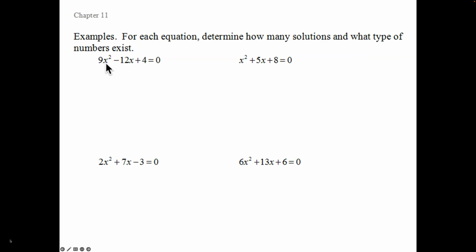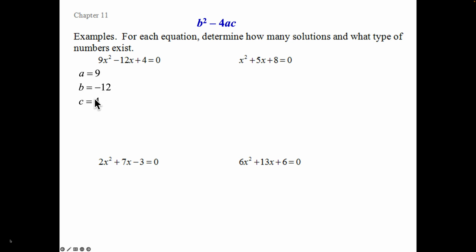So for example, the question usually reads, for each equation, determine how many solutions, 1 or 2, and what type of numbers exist: rational, irrational, or imaginary. So all we need to do is calculate b squared minus 4ac. So a is 9, b is negative 12, c is 4.